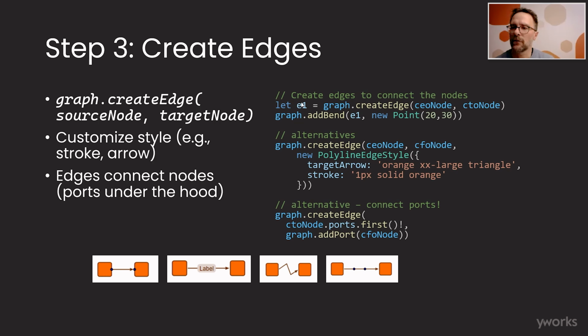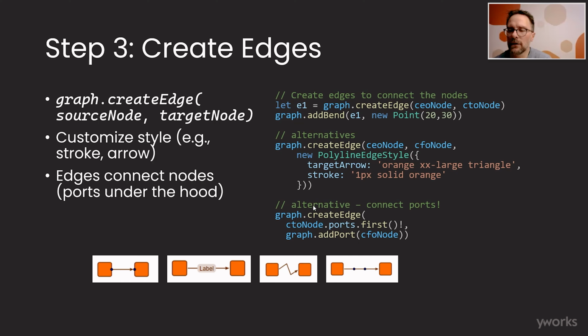Once we have the reference to the edge, we can also call add bend to add another bend to this edge. Alternatively, we could have also supplied the edge with a custom styling. Like in this case, we specify a different arrow, the size, the form, and the color of it, as well as a stroke for the line.